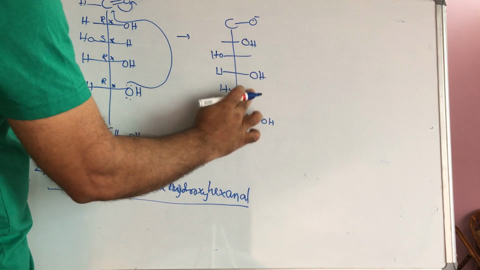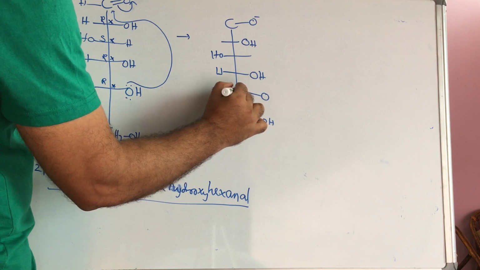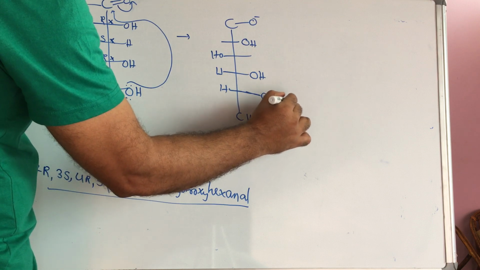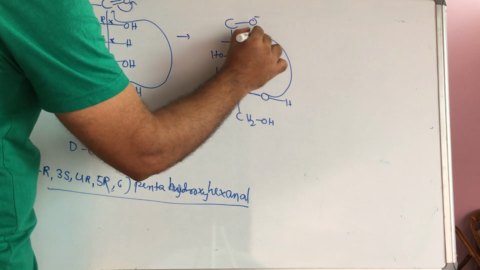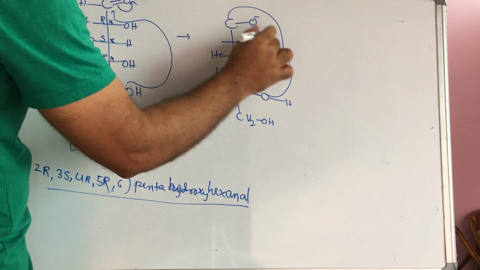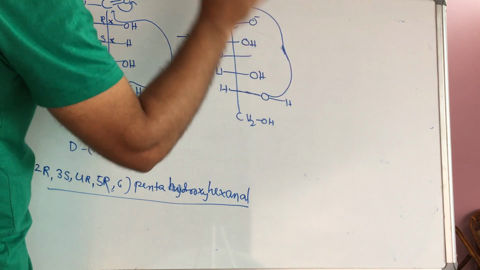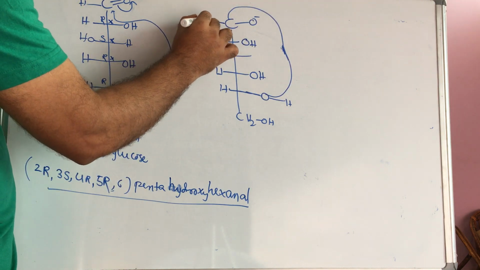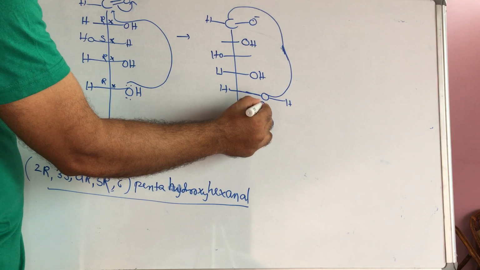So this is already reacting, that's why the OH reacts with this. Otherwise, we will write it from the top, which is better. And here hydrogen is already there, so a positive charge will be generated here.